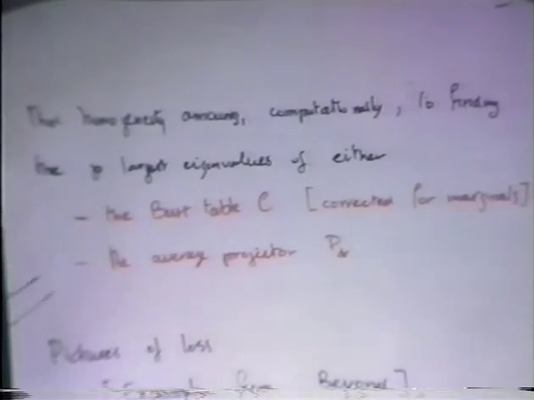And this eigenproblem is of the order m times k. I mean, it has m times k rows and m times k columns. That can be pretty big, of course. This eigenvalue problem is of the order n, the number of objects, which can also be quite big. Can be very big.